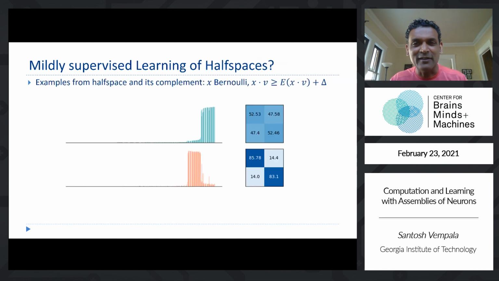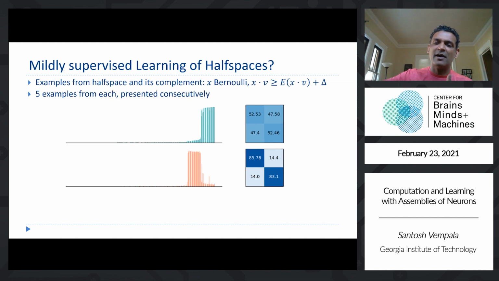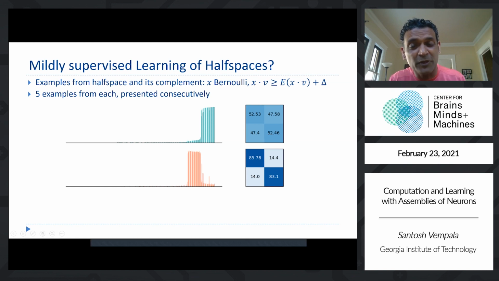Okay, so here we have examples again from 0-1 inputs, so from the Boolean cube. And what we'll do is that we'll say a half space is those that have delta higher than the expected value in some direction v, arbitrary direction v, and then the other half space is those that have minus delta. So there's this little margin between the positive and negative examples. That's already enough to create these assemblies. This is the assembly corresponding to the positive examples.